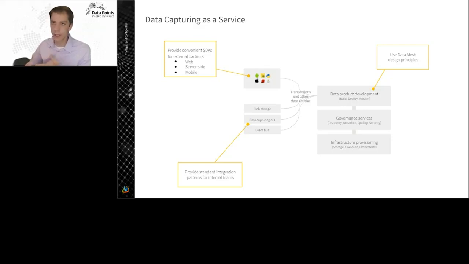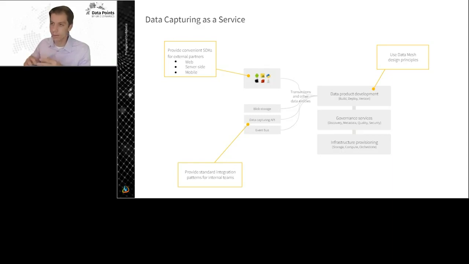The first one is that it's generally a good idea to provide convenient, comprehensive SDKs for external partners to capture data from web sources, server-side sources, mobile devices, and so on, so that it can be integrated with e-commerce systems and other digital and even physical properties on the client side.